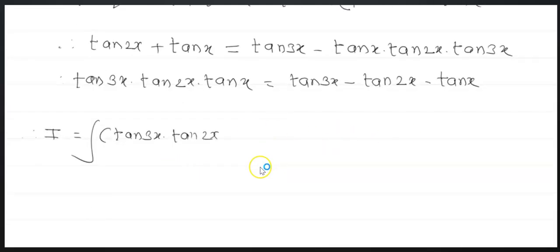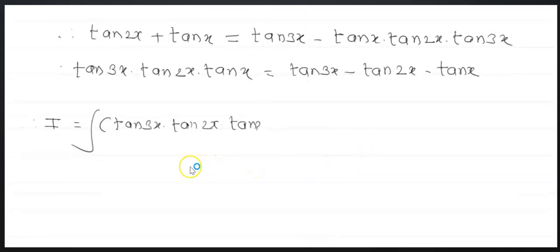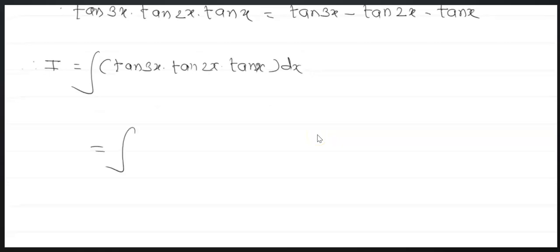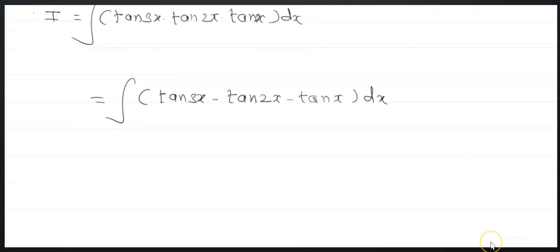Due to my digital board, it moves up and down, and therefore there is a problem. I is equal to integral tan of 3x into tan of 2x into tan x into dx. That is equal to integral tan of 3x minus tan of 2x minus tan x into dx. Now the integral is very simple.